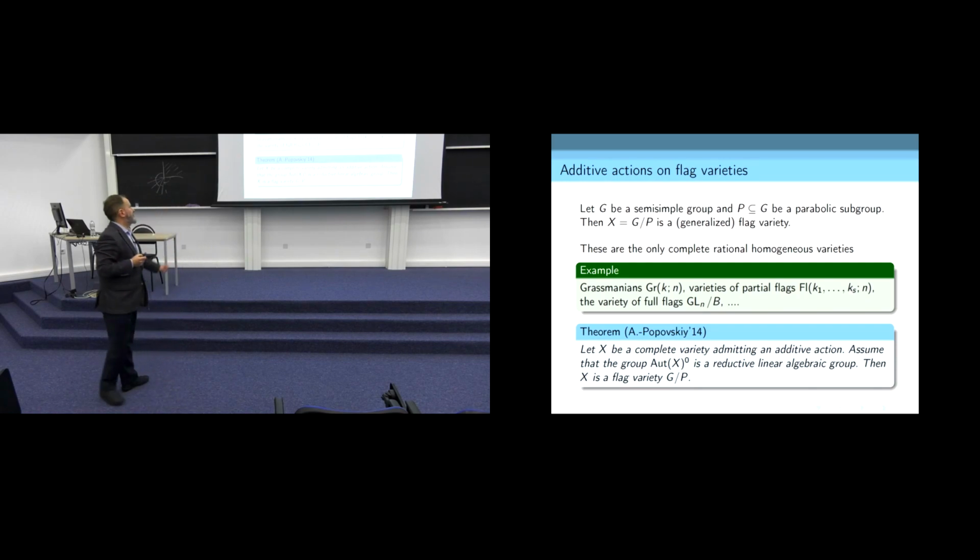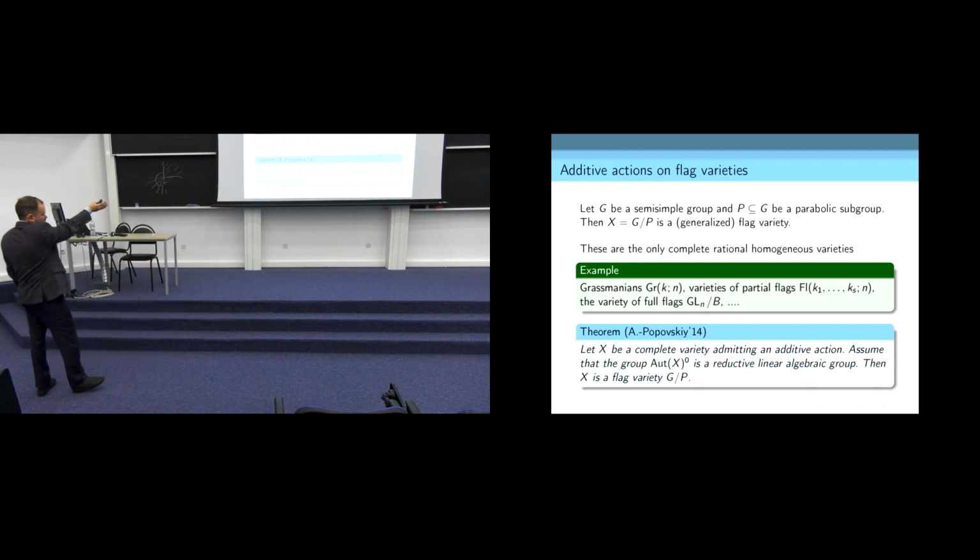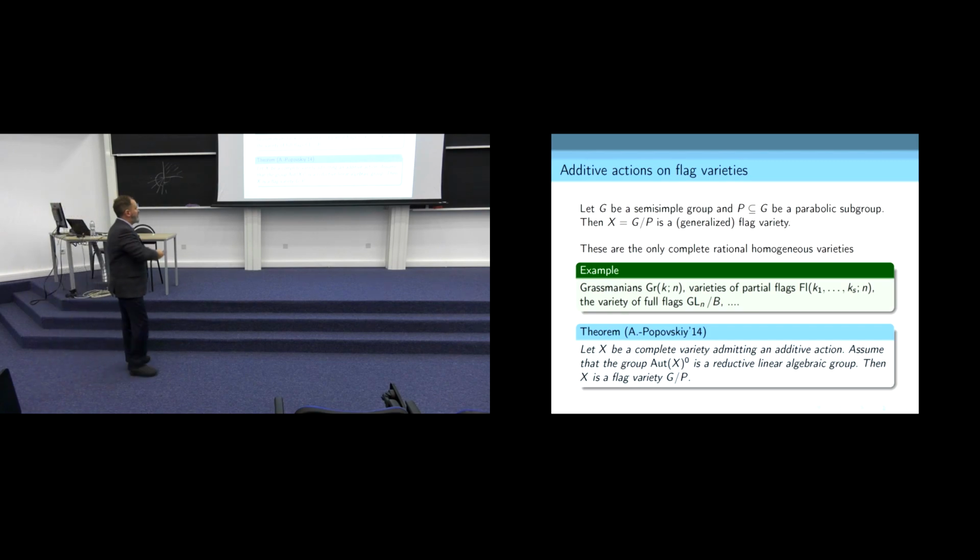No, I don't assume that this variety is smooth, and I can explain this. Assume that our automorphism group is reductive, and it admits additive action. It means that I have a commutative unipotent subgroup inside of my automorphism group, which acts with an open orbit. But then the maximal unipotent subgroup acts with an open orbit, because this is a bigger unipotent subgroup. And in the theory of spherical varieties, this is called a spherical variety of rank 0.